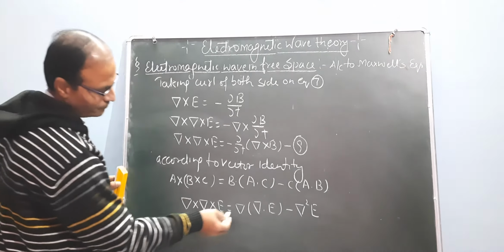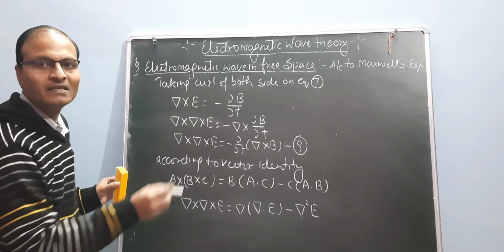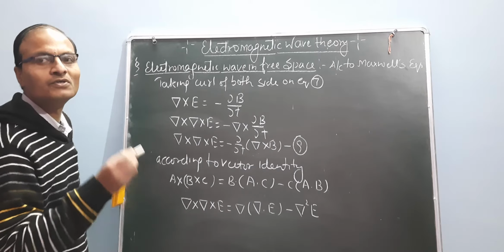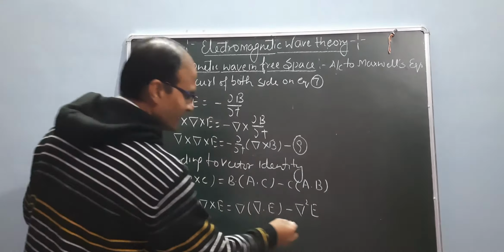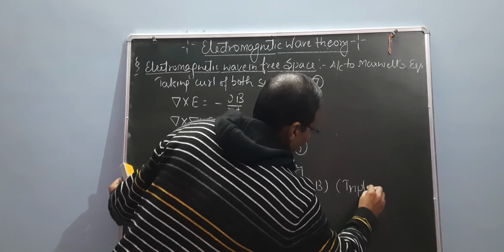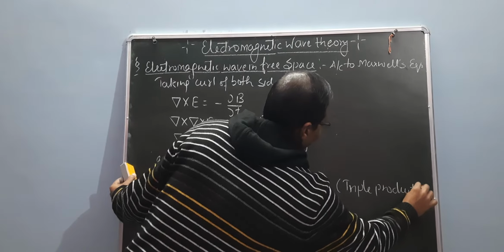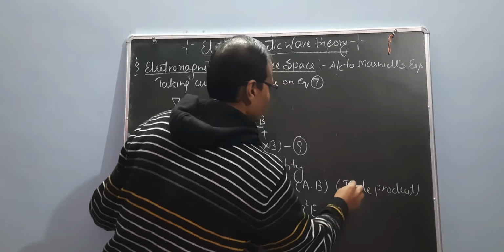If you look at the Maxwell equation, del dot E equal to 0. This is known as the triple product identity.